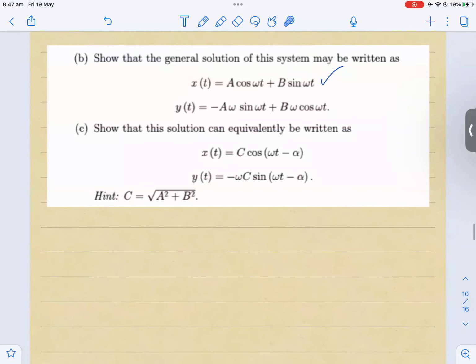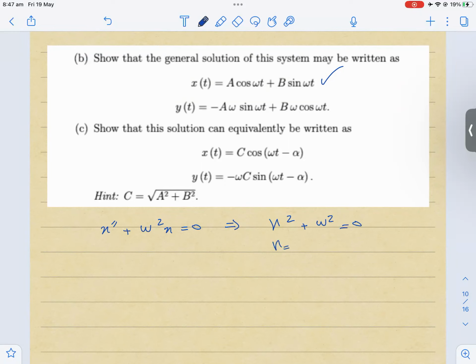Now, part B, show that x and y can be like this. We see that x double dash plus omega squared times x equals 0. So the characteristic equation is this guy.